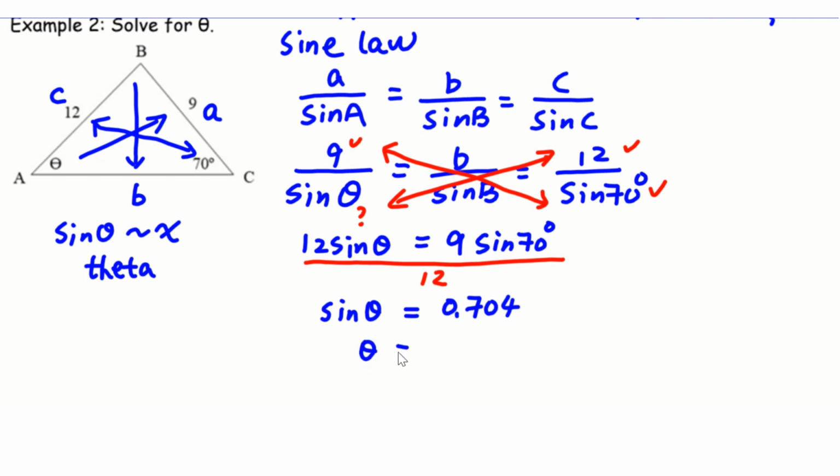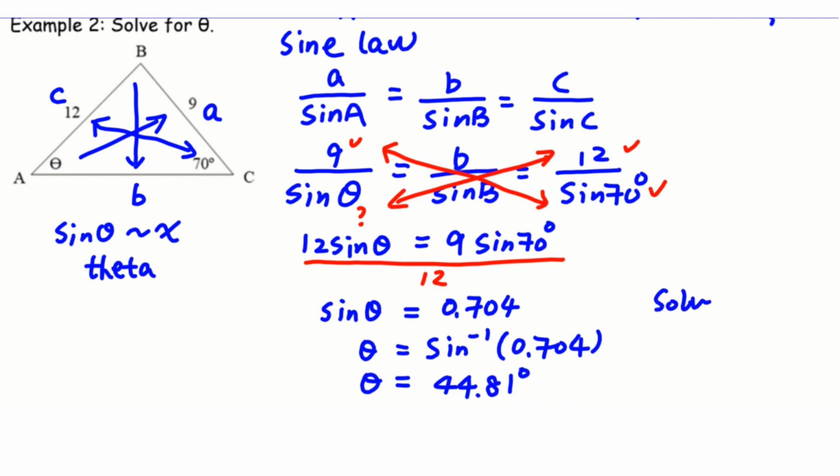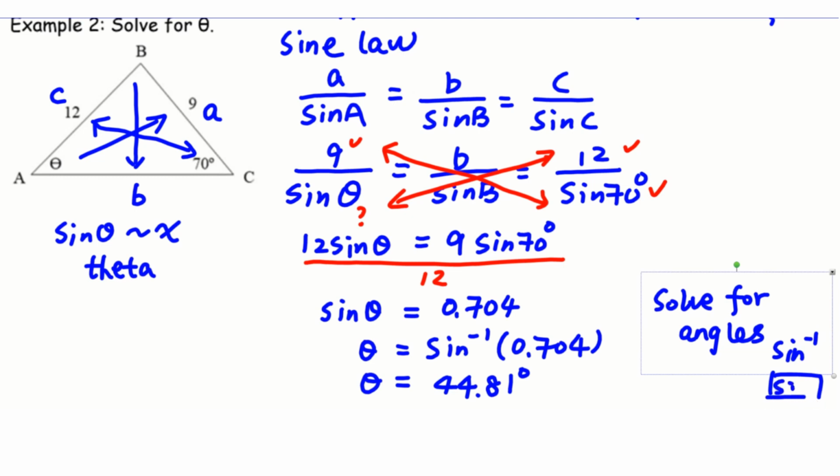Then theta equals sine inverse of this answer. When you use your calculator, second sine, you will have 44.81 degrees. So when you are solving for angles, you are going to use a sine inverse. And this is a button above the sine on your calculator.